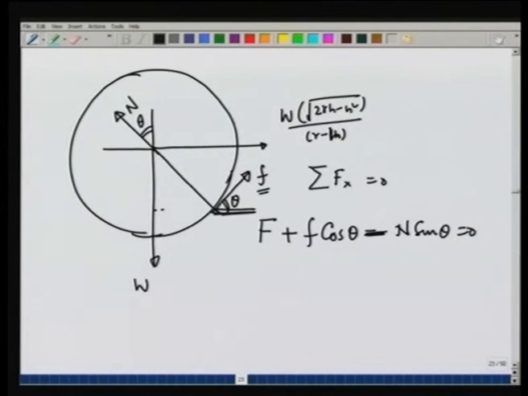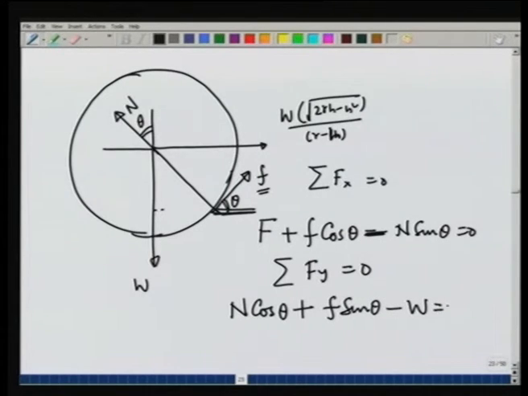And similarly, for the vertical forces, summation F y is equal to 0 would give me N cosine of theta plus f sine of theta minus W is equal to 0.